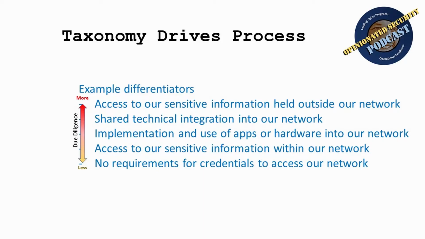I'm a big believer in taxonomy. Taxonomy is where you differentiate, you group things, and that allows you to then standardize your process around how you deal with a given group. It's part and parcel to the cattle versus pets metaphor.